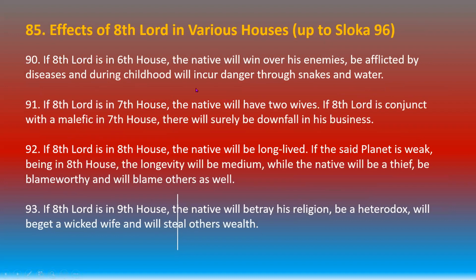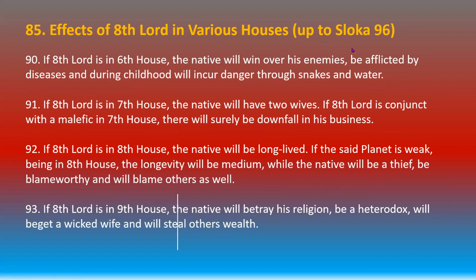If eighth lord is in the sixth, he'll win over his enemies, be afflicted by diseases, and during childhood will incur danger through snakes and water. Now, when he talks about snakes and water, snakes you could well take not as actual snakes, but it could mean toxins, and water means like thyroid issues and all that.